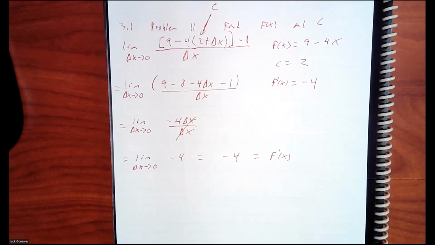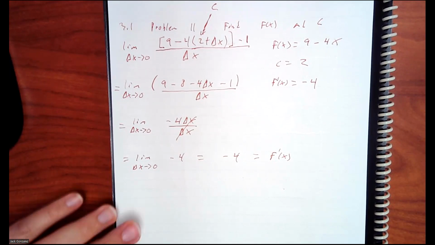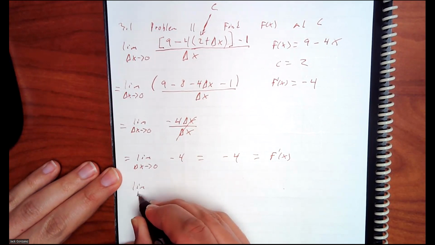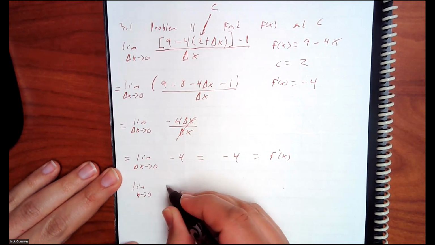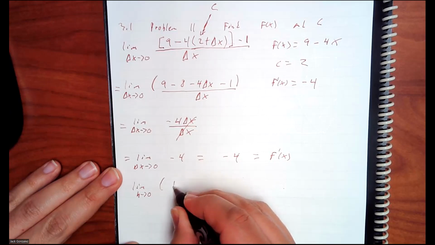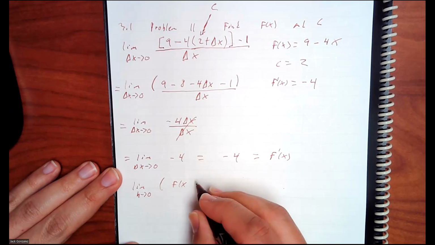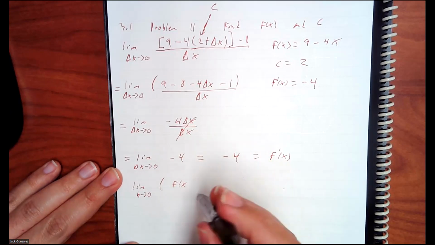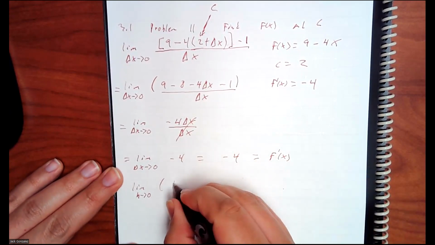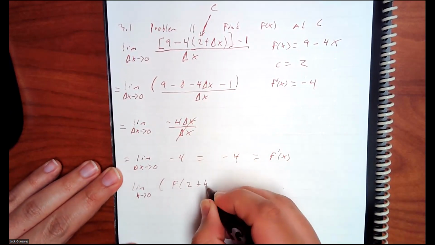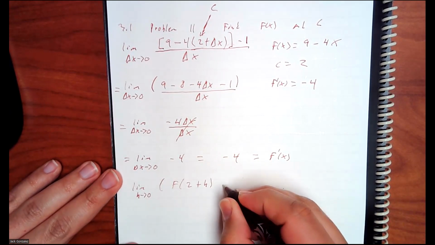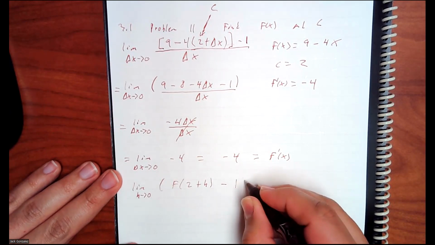So what they're really doing is h approaches 0 of f of 2 plus h minus this 1.